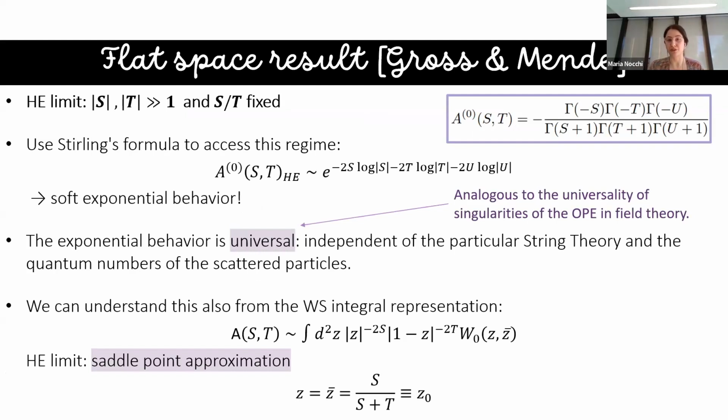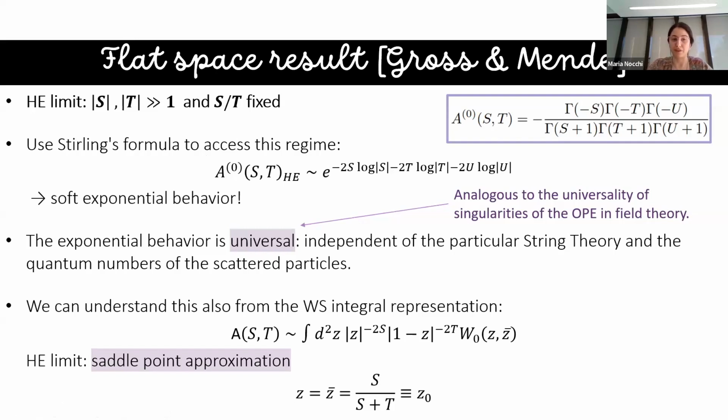The first thing that you can do in this regime, by just staring at the expression of Virasoro-Shapiro in flat space, is to use Stirling's formula for the gamma function. And directly you can write down that in this regime, the amplitude goes like that. So you have a soft exponential behavior, which is drastically different from what happens in QFT, for example.